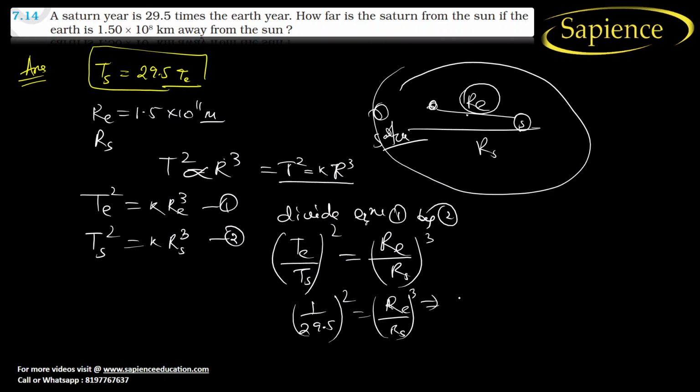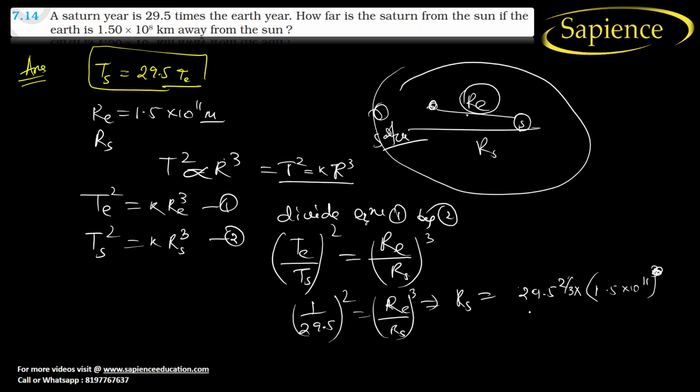So from here we can also find RS as 29.5 whole square into RE, that is 1.5 into 10 power 11 whole cube by 3.